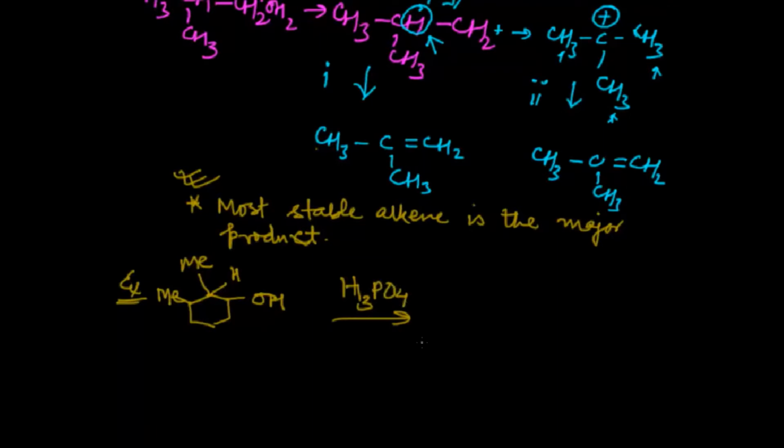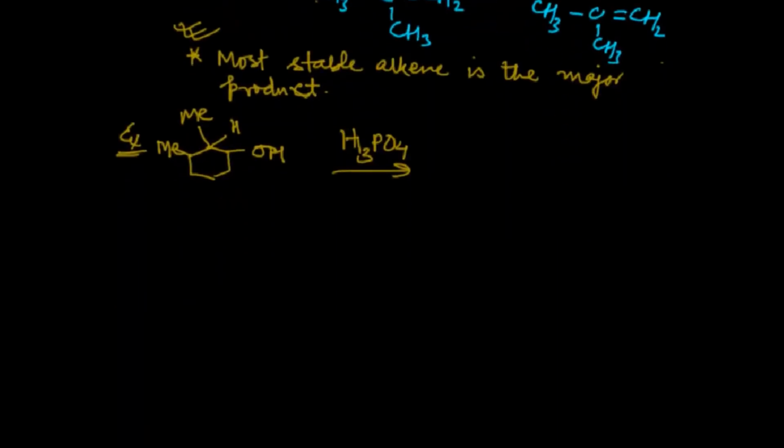So what is the major product? Again the process would be similar, and thus we can begin with this one, like initially generate the carbocation as we have done earlier as well. So it is generating this positive charge on OH2, so here it is methyl, hydrogen, and now it is OH2 positive, here it is methyl.